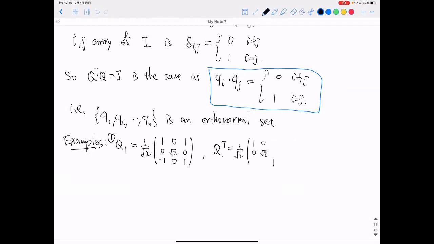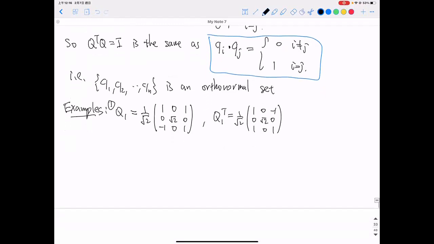So like that. This is Q1 transpose Q1. Well, there's an overall factor of 1/2. Then we do 1. Here is 1, here, there, so that's 2. Here, there, that's a 0.